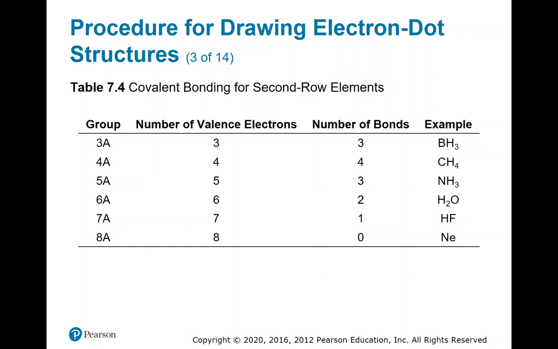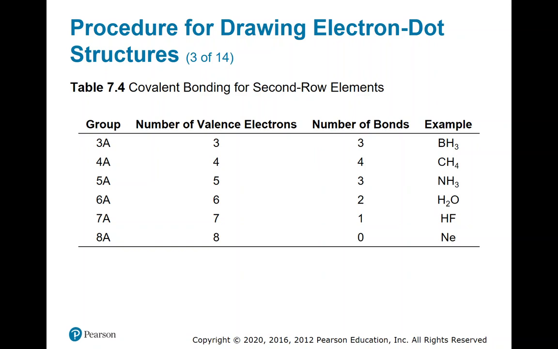So again, you can see this pattern that occurs after carbon where if we increase the number of valence electrons by 1 from the 5 in nitrogen to the 6 in oxygen, we're actually going to decrease the number of bonds. And finally, if we move on to fluorine, which has 7, we're going to decrease the number of bonds again by 1.